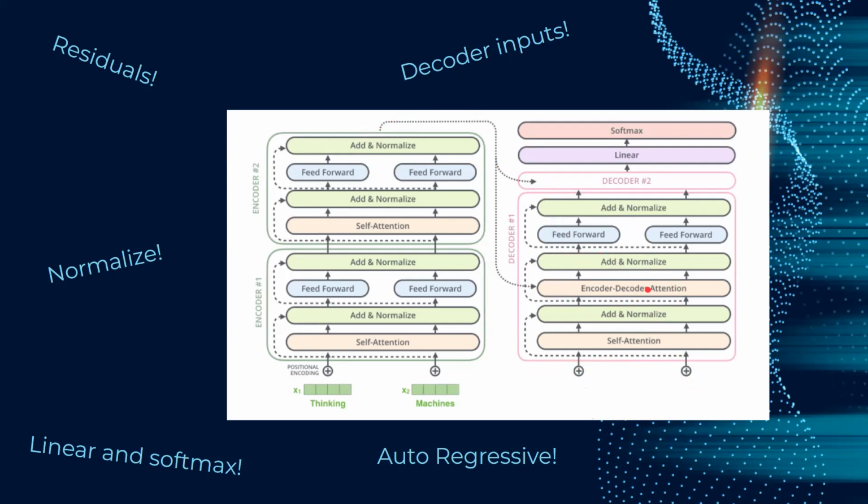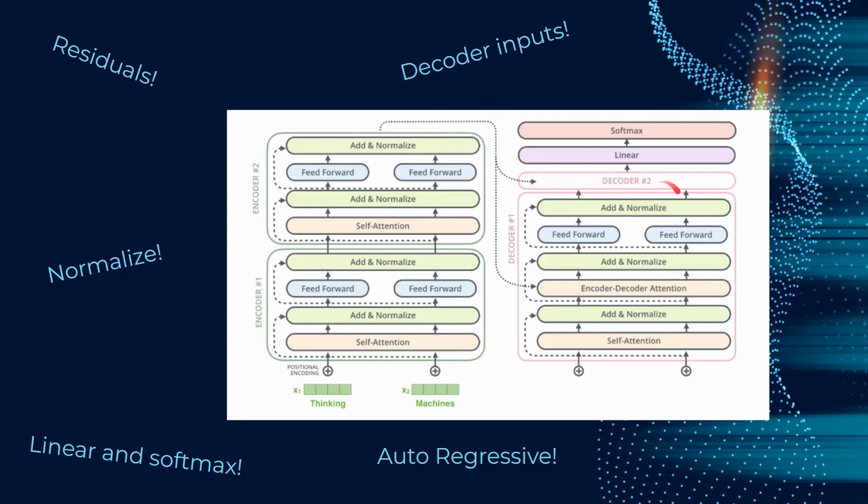The encoder-decoder attention, as we saw earlier, is a special type of multi-head attention where the encoder embeddings are used to generate the queries and keys, and the decoder embeddings are used to generate the values. Together they perform the encoder-decoder attention and again go into an add and normalize layer, followed by feed forward and finally add and normalize. And this is one decoder. The same embeddings are given to another decoder layer.